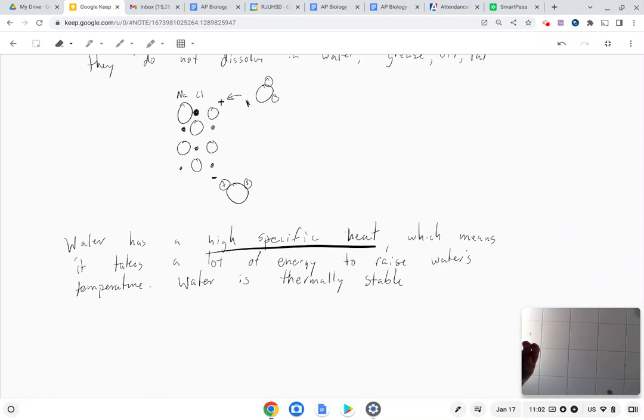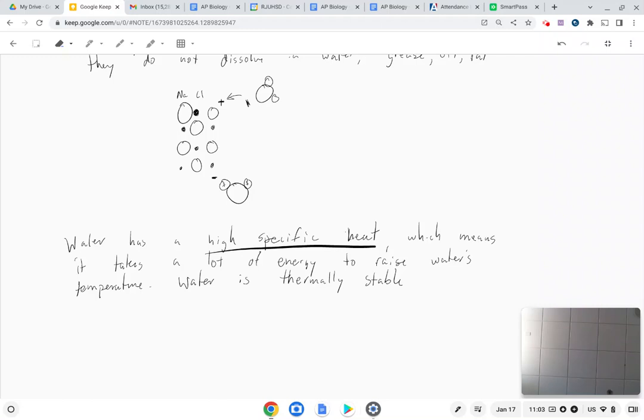And what you were interested in is determining how much the temperature changes from day to night. What you would find is that the sand would get really hot during the day, and then it would cool off at night, and you'd see these big temperature swings in the sand. But out in the water would remain very much the same. The temperatures would kind of stay the same day and night. And that's because water has a very high specific heat capacity, which means that it's thermally stable. It's probably going to just stay the same temperature most of the time.